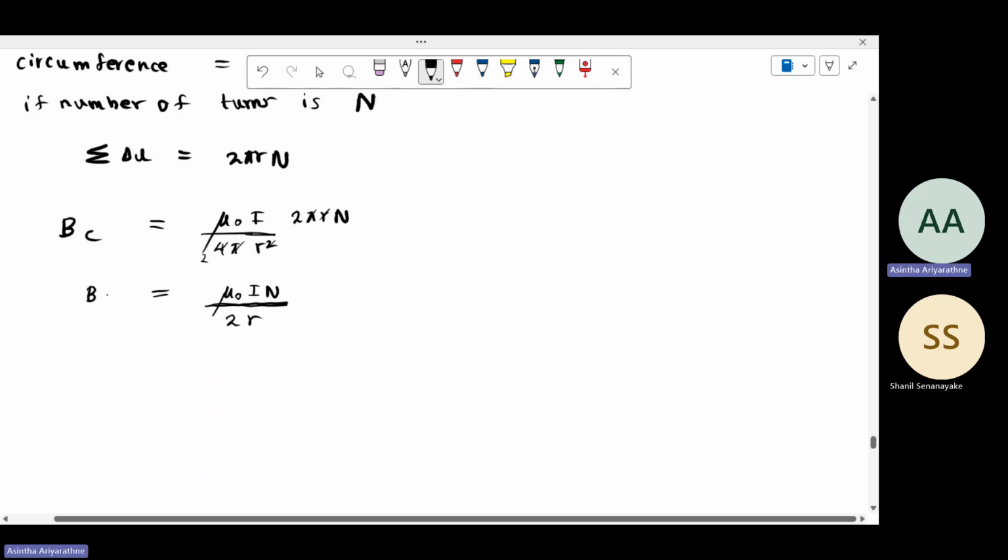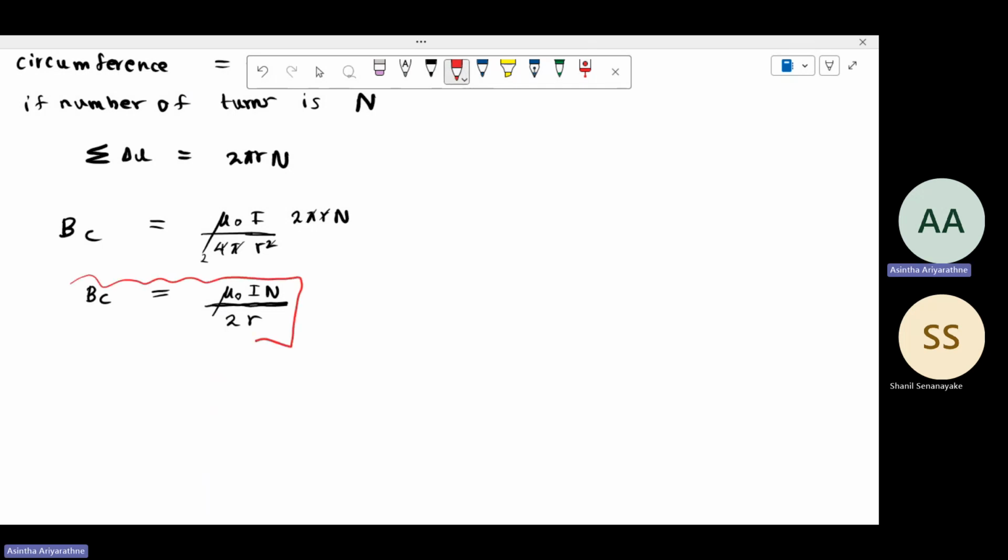Right, so this is the total magnetic flux density at the center of a circular current carrying conductor having N number of turns.